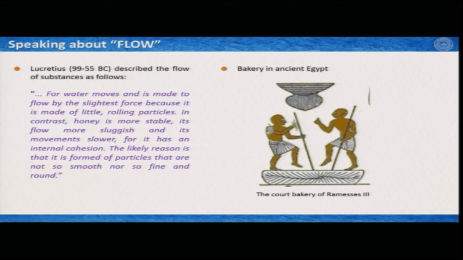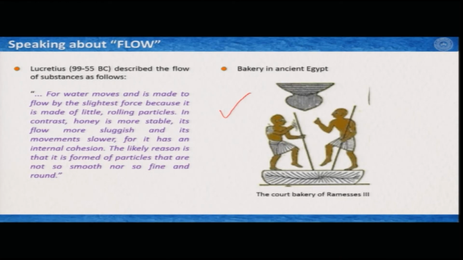Egypt. So, this is a picture that we see here. People found this in the tomb of Ramesses III, and there is a series of paintings. They are making bread. It's a bakery, and they call it the court bakery of Ramesses III.